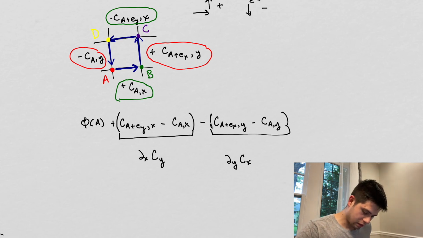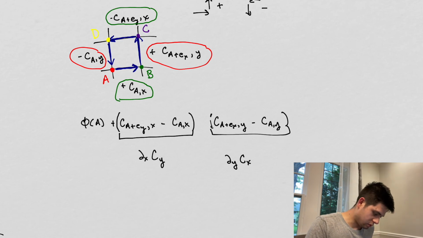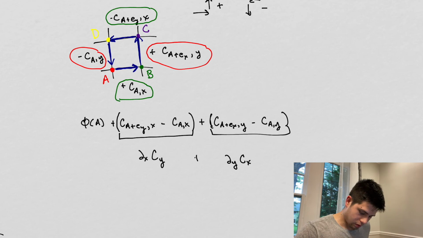The point is though that the signage doesn't really matter. If I take a minus sign out of there, okay, I'm just confusing us too much here. I'm going to get back to making this a positive. And if I made that a negative, that would really just flip the sign.